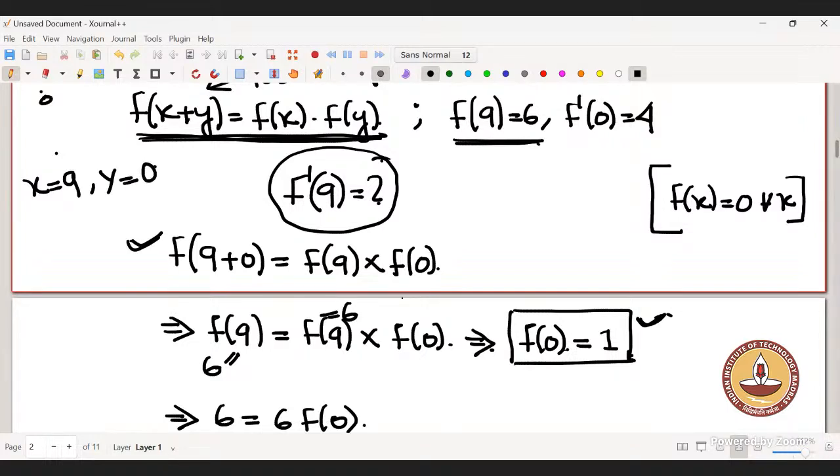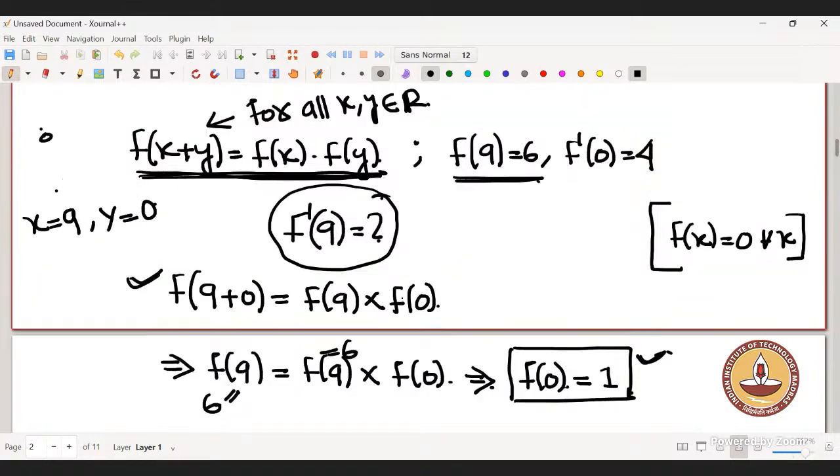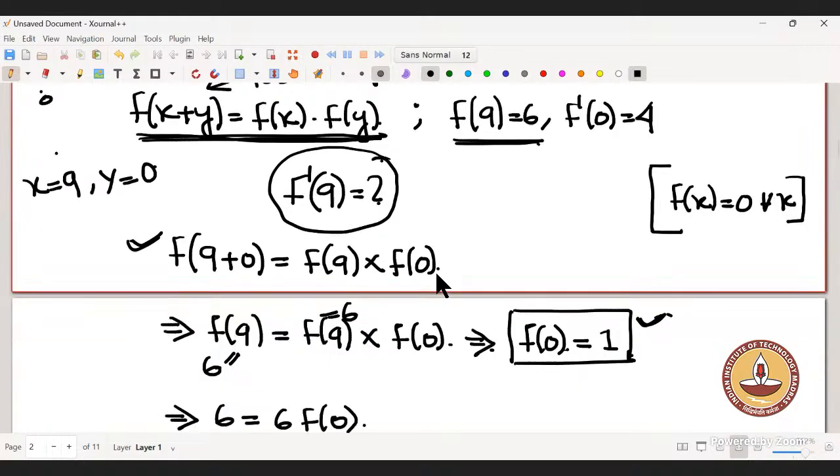Is that because they have given f dash of 0 is equal to 4, so we chose 0, or is there any particular reason? When you try to compute this, you'll see why we are computing f of 0.